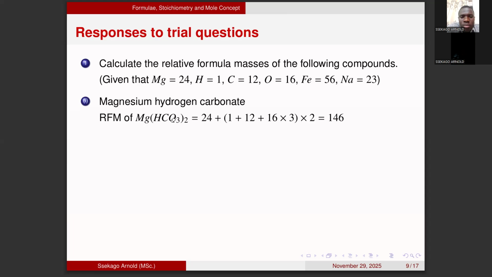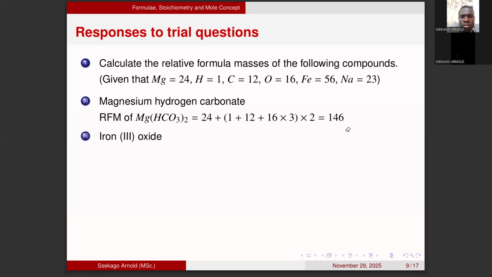Then plus, we have oxygen, and there are 3 atoms of oxygen, each atom is 16, so we have 16 times 3. We close the bracket, then times 2. This 2 arises from the valence of magnesium. Summing all this information up, we obtain 146 as the RFM of magnesium hydrogen carbonate.